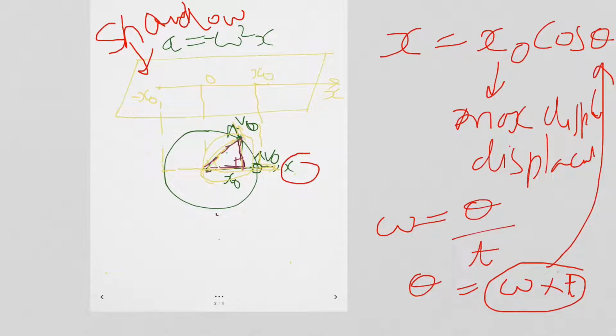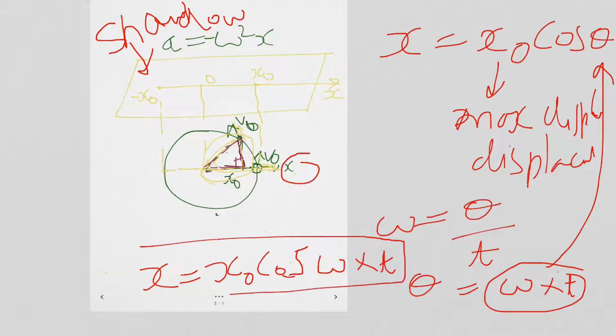So the equation becomes: displacement equals maximum displacement times cos of omega t. This is the first formula we have derived, for displacement. Now we will move ahead and derive the other parameters.